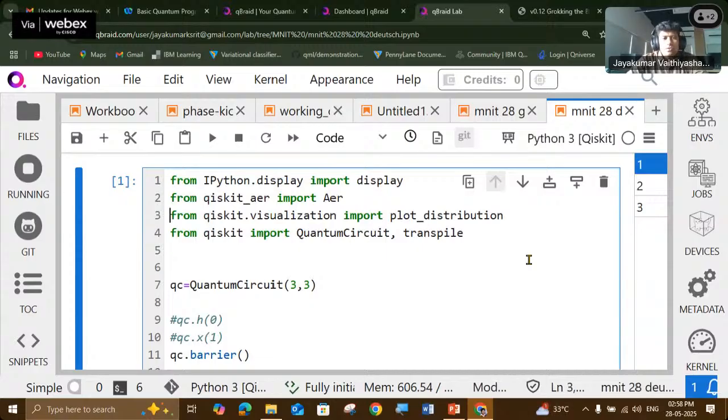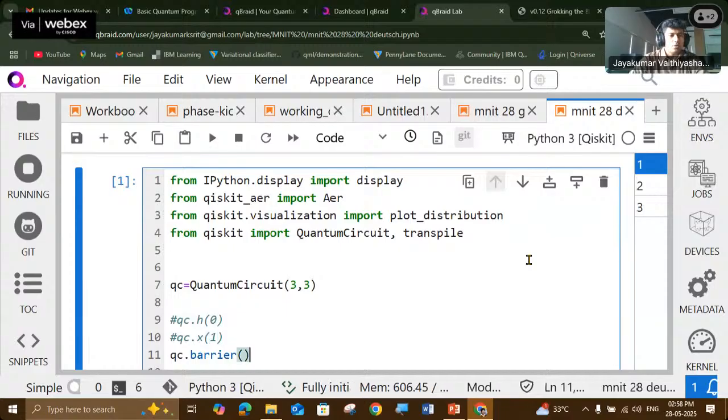Okay. So these 4 lines are to import all your libraries and packages. So line number 7, what we are doing, we are creating a quantum circuit. We are creating 3 qubits and 3 classical bits. And suppose if you want to implement the constant function, you need to maintain h of 0, x of 1, right?